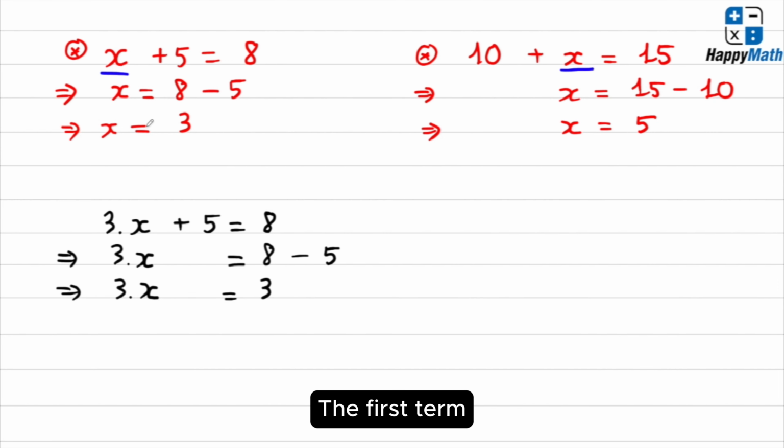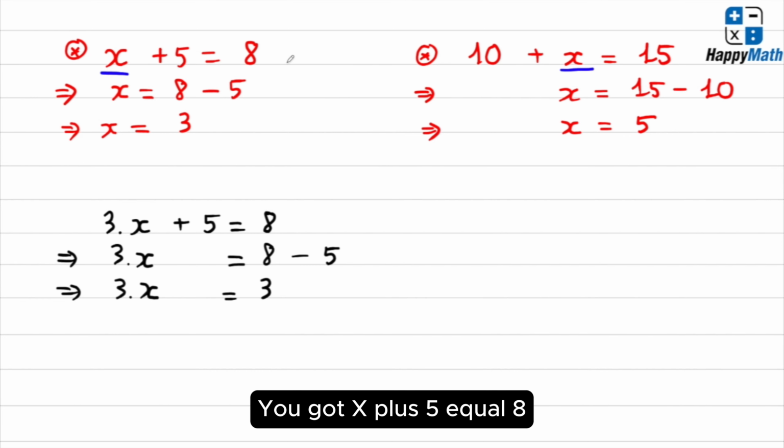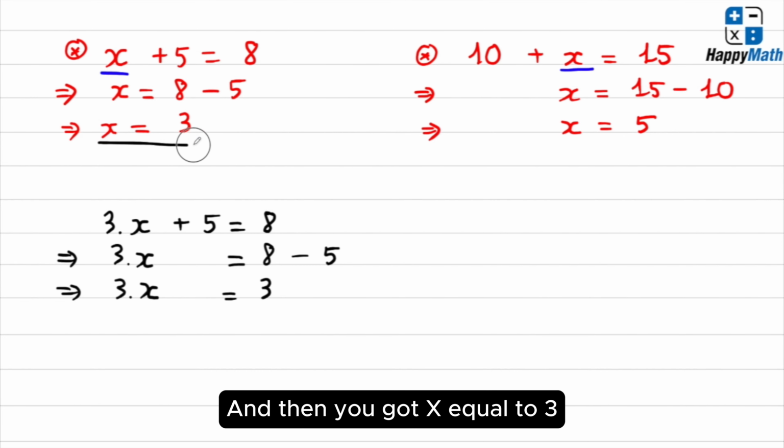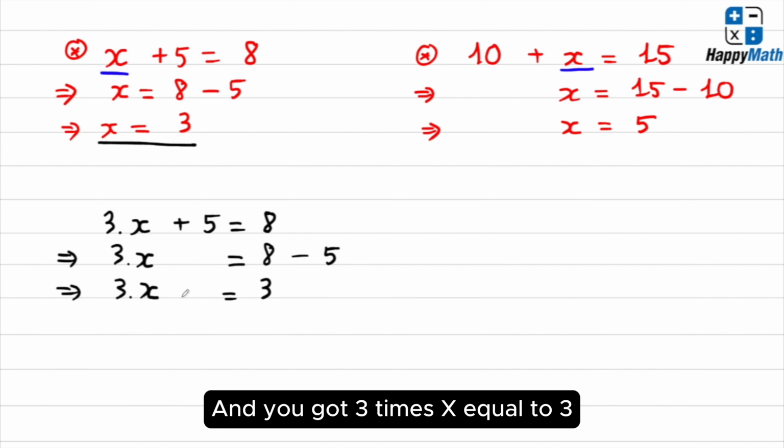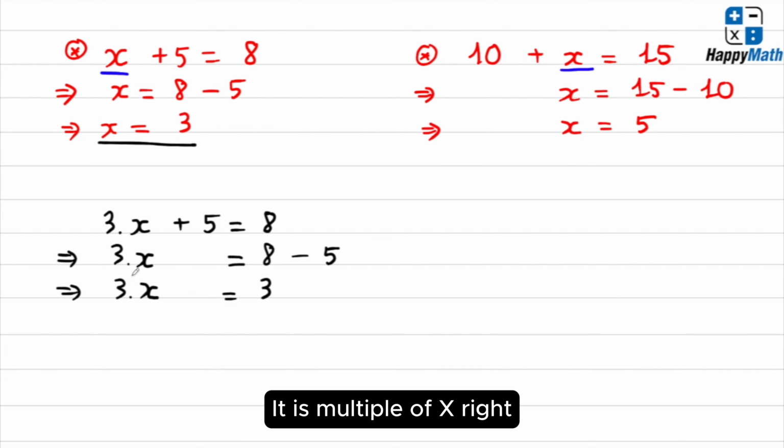You can see the first equation has x plus 5 equal to 8, and then x equal to 3. And this one has 3x plus 5 equal to 8, and you got 3 times x equal to 3. So you can see here this is a multiple of x, right? 3 times x equal to 3.